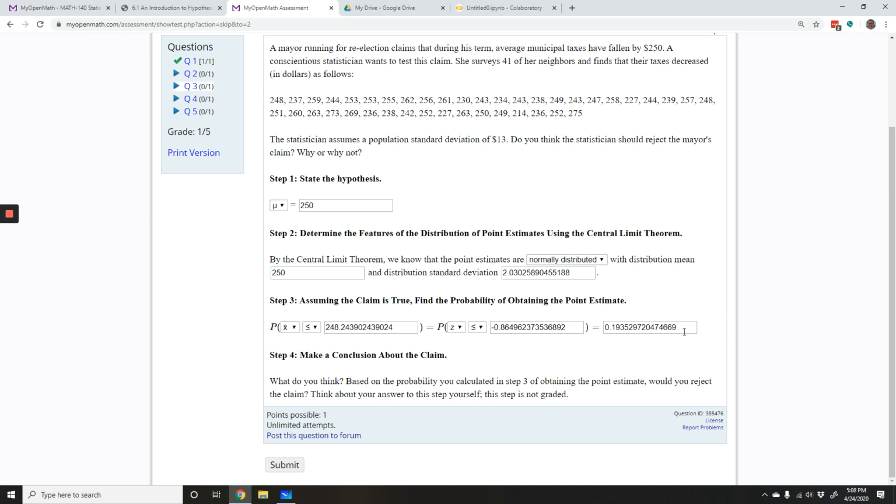So if it were me, I'd say, you know what, that's not so unusual an event that I could safely conclude this hypothesis is incorrect. So I'm not going to be able to disprove this hypothesis. I'll have to accept it at face value for now. I can't say that the mayor is lying. I cannot conclusively say that.